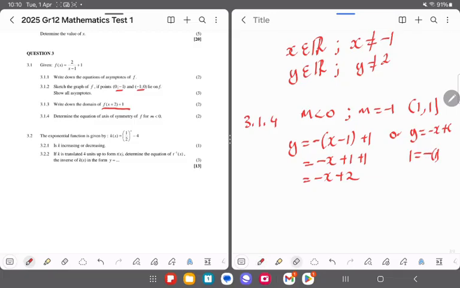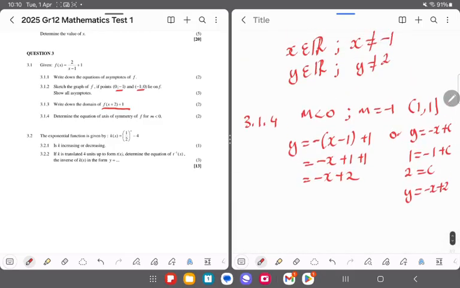The x value, it's 1 equals -1 into 1 plus c. Therefore c will also give you 2. Therefore your equation will be y is equal to -x plus 2.